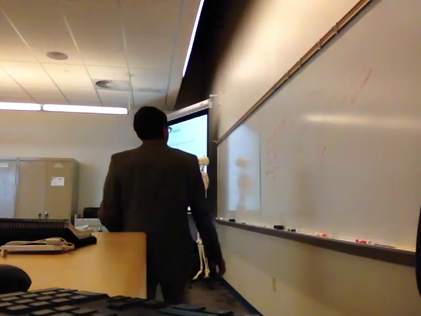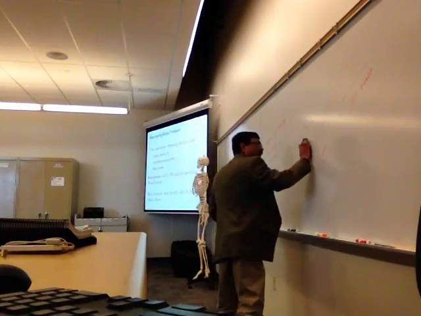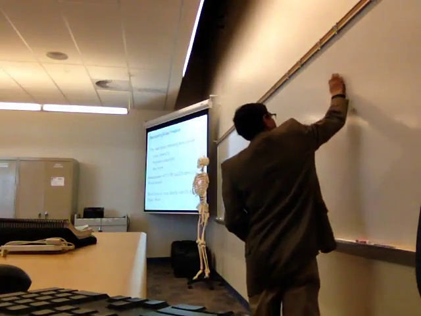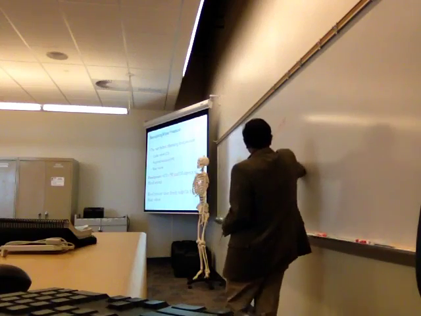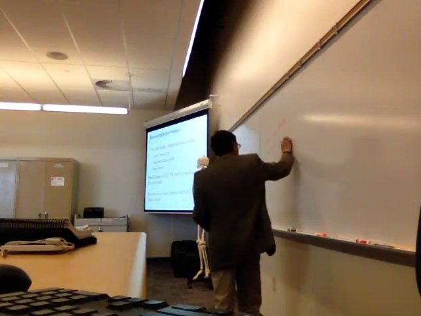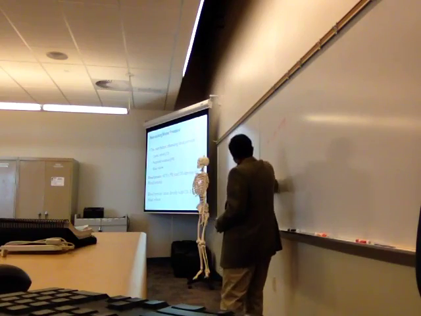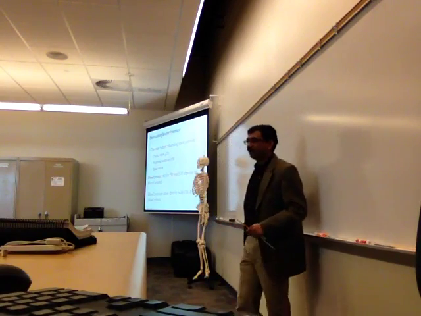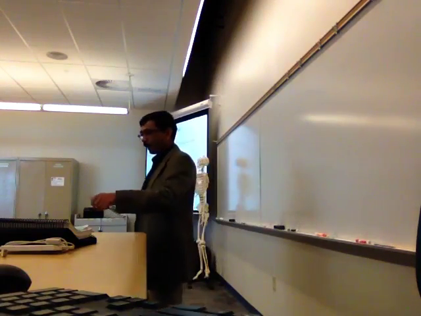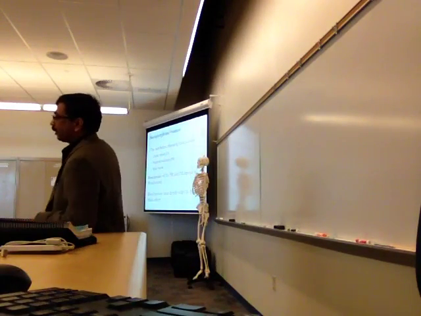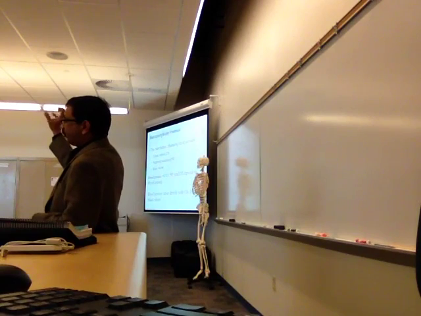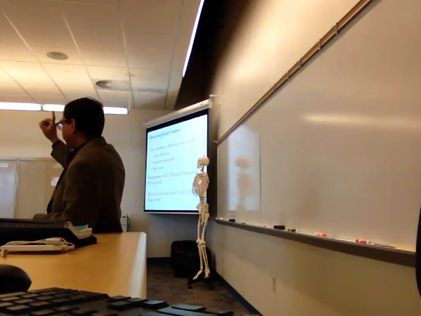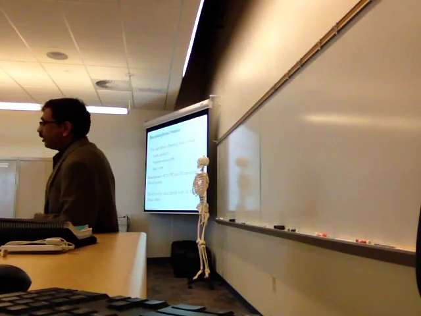Okay. So now, what is cardiac output? Cardiac output is the amount of blood ejected from the heart in 1 minute. In each minute, how much blood comes out from the heart? That is cardiac output.